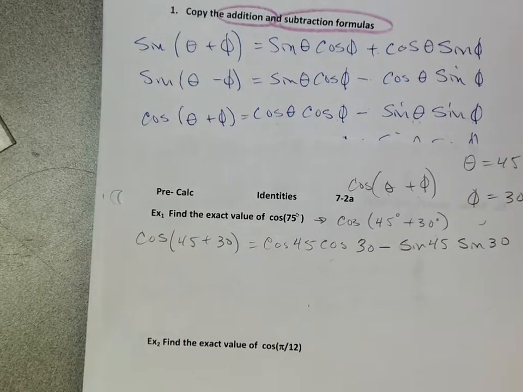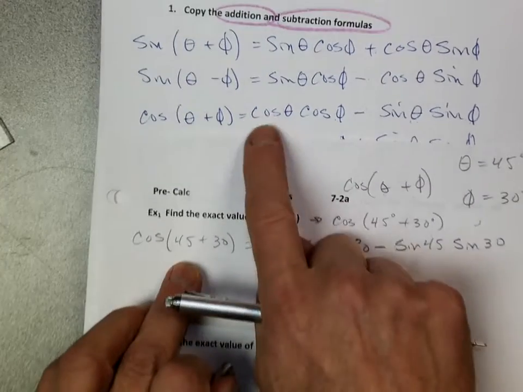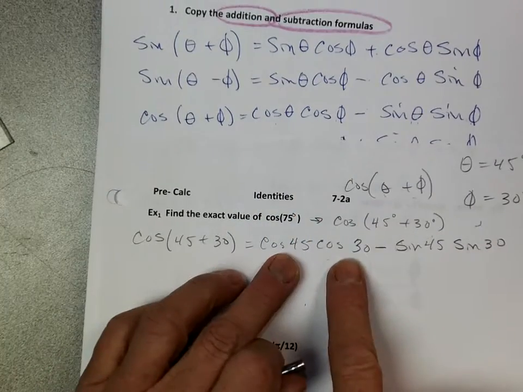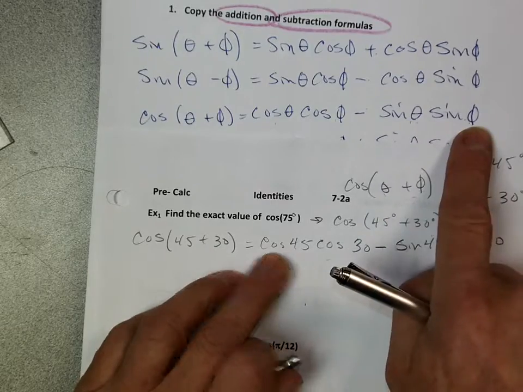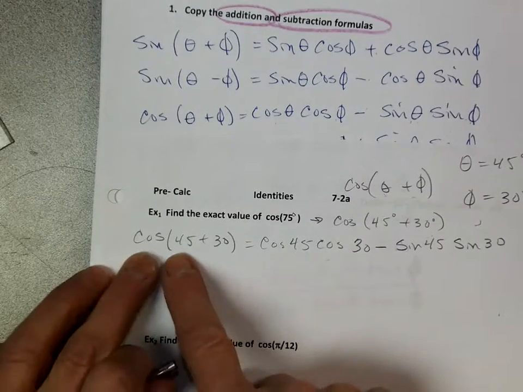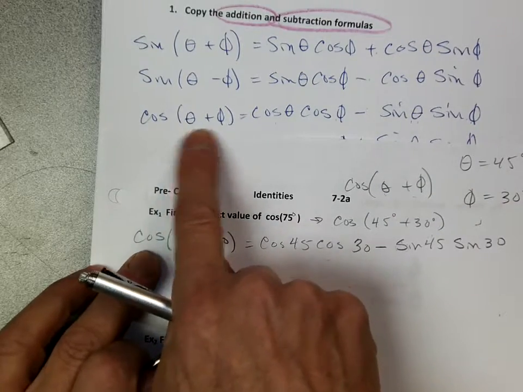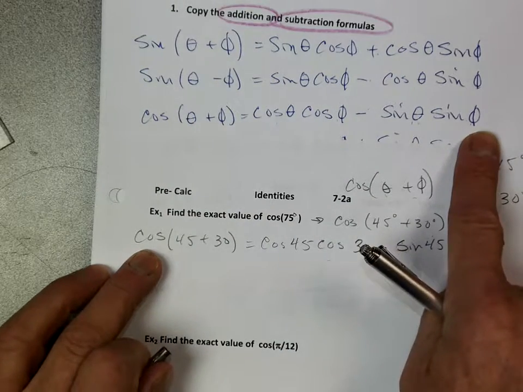So we just plugged it in. I'm using the formula cosine theta, cosine phi, minus sine theta, sine phi. The reason I use this formula is I'm really taking a cosine of the sum of two angles. That's why I'm using this particular formula.